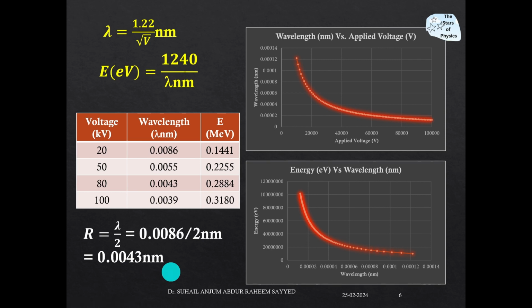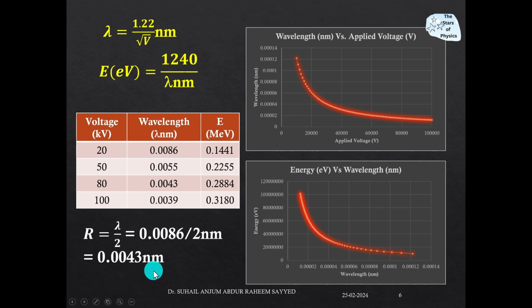Actually there are many other parts in a scanning electron microscope which play a role in determining the resolution. The resolution of a scanning electron microscope is generally between 3 to 10 nanometer only. But this is the theoretical calculation, that means with this calculation we can go up to this.